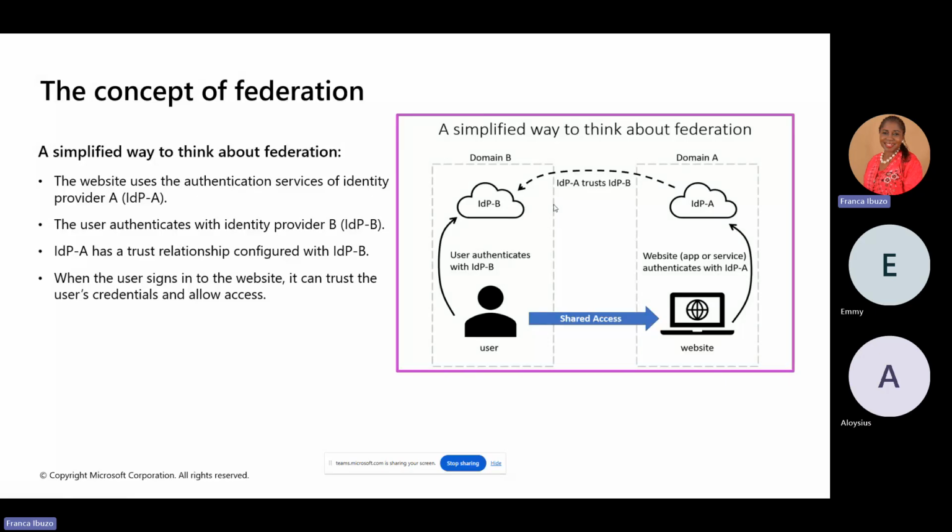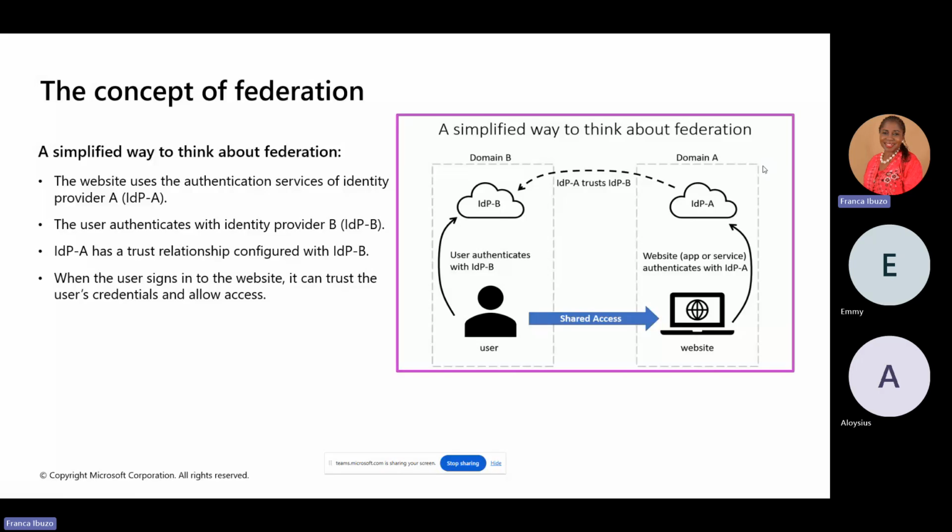So this is an example of federation using the same sign-in to go into domain A and domain B, because identity provider A trusts identity provider B. So you can sign up with one account, just like I explained earlier, you can use the Google account to sign into different applications.